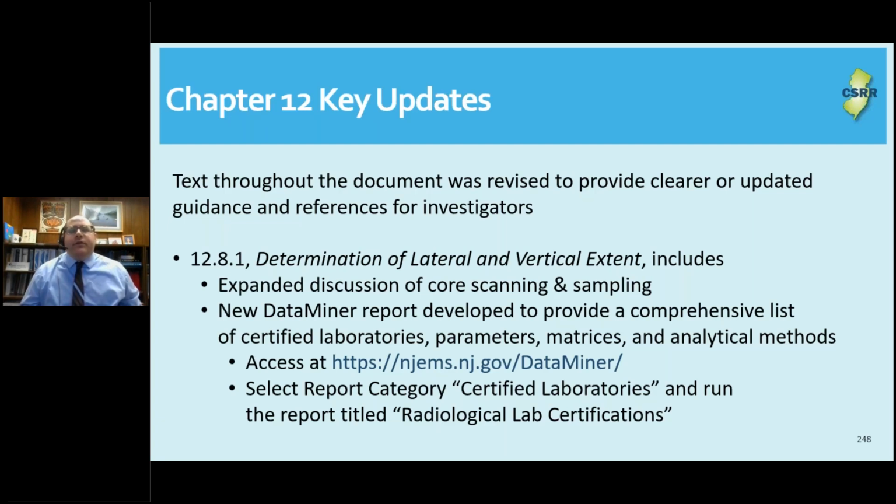There's also reference to a new data miner report, which was developed to provide a comprehensive list of certified laboratories, parameters, matrices, and analytical methods for radiological assessment. And the instructions there point into that report. Next.